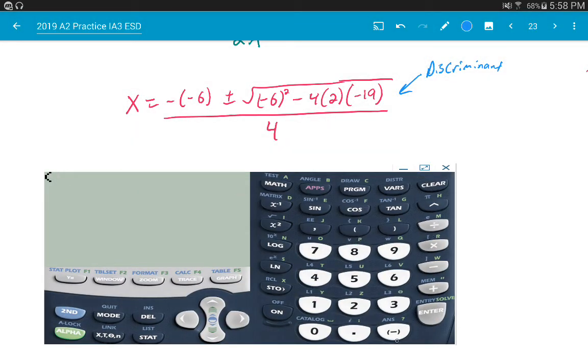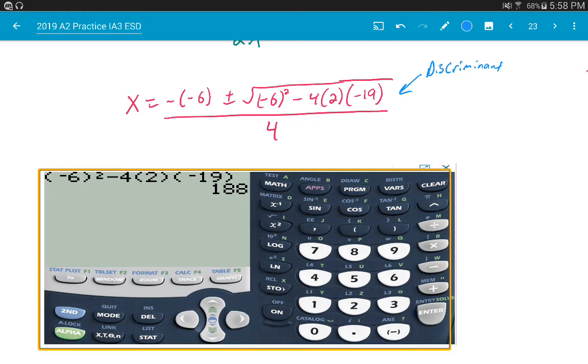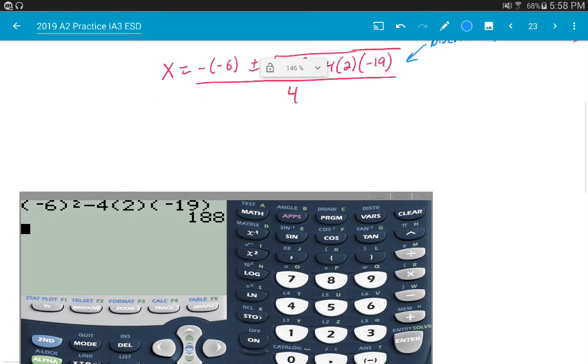We're talking negative 6 squared minus 4 times 2 times negative 19. 188. Okay, 188 is going to go into there. So I've got that x is equal to 6 plus or minus the square root of 188 over 4.